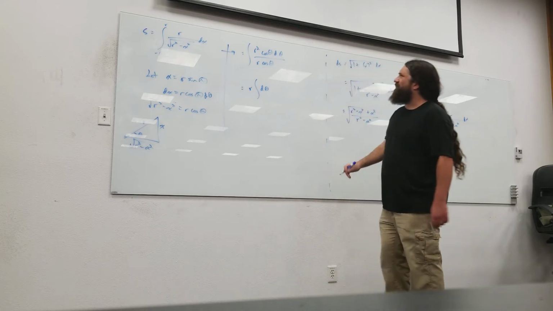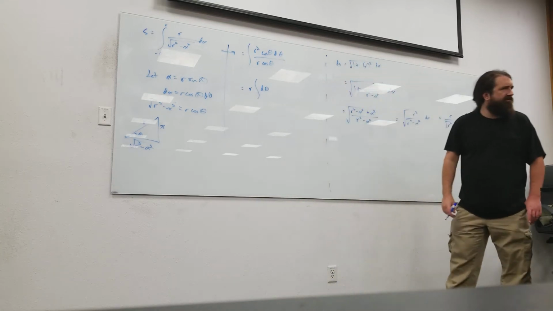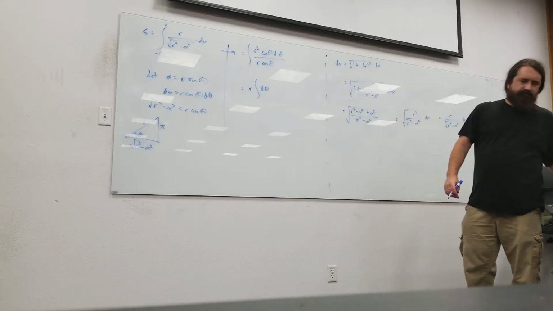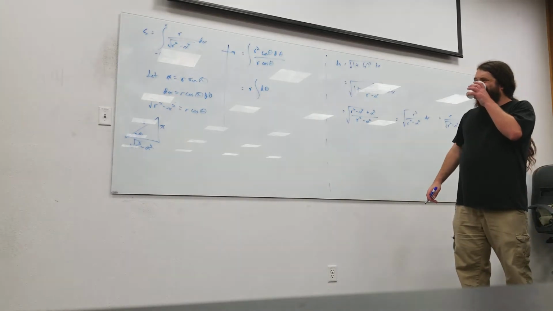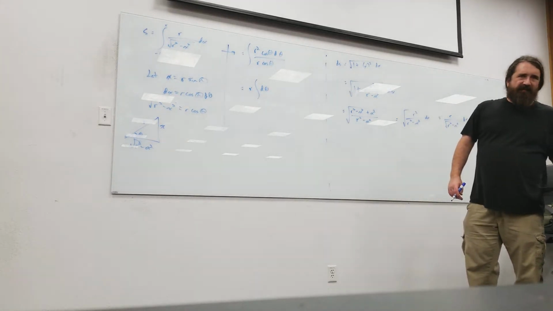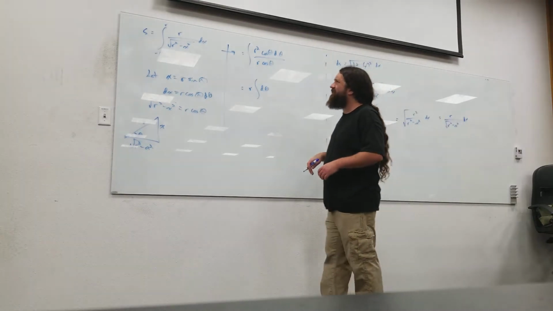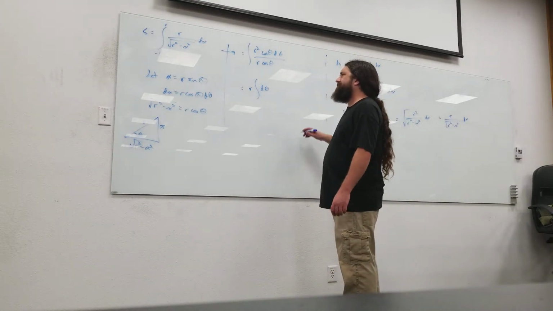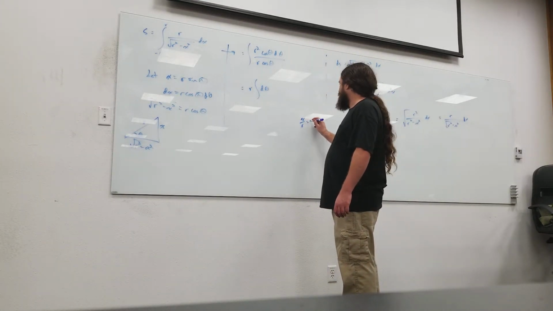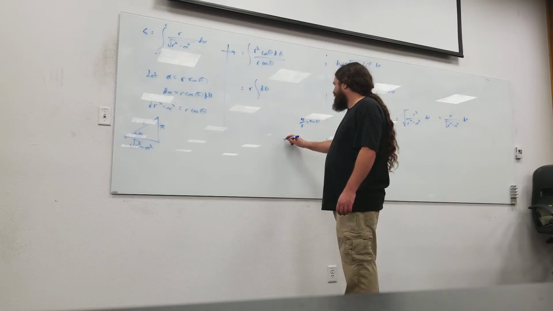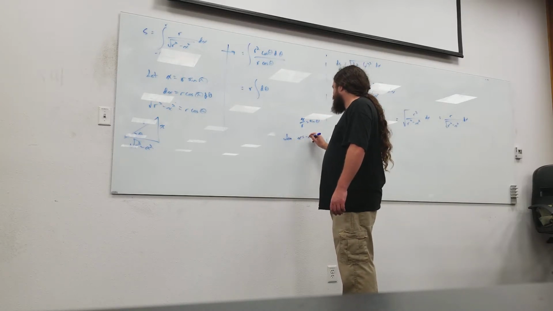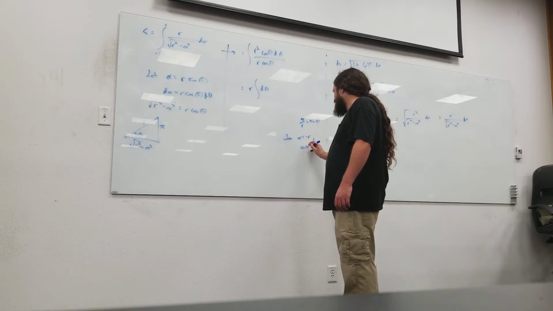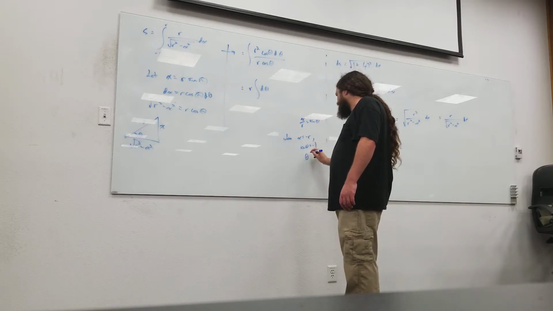What do my limits of integration become? If I know that x over r is sine of theta, then when x equals negative r, sine of theta is equal to negative 1. So what's theta?